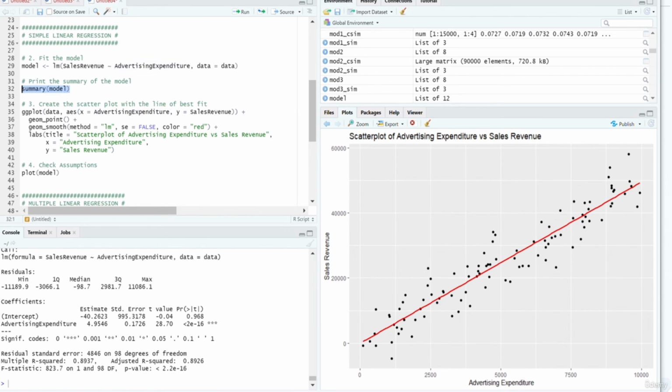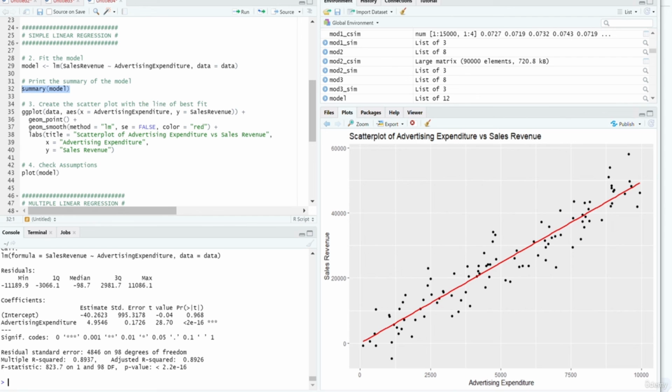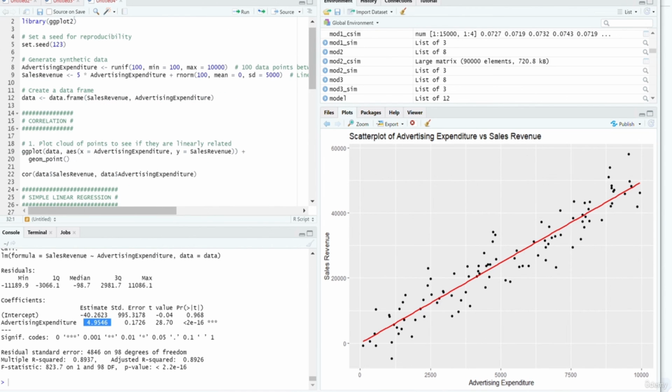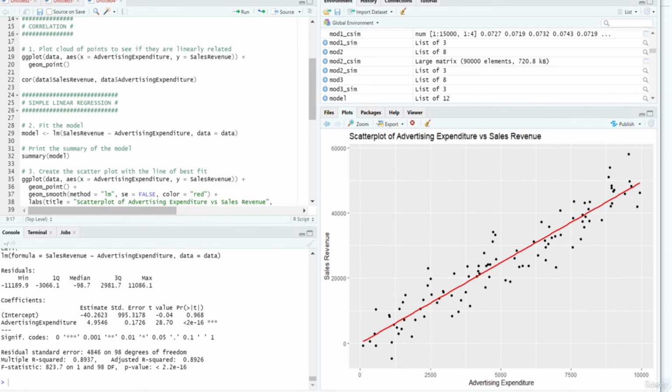It also gives you some statistics about the residuals, the median and the quartiles, etc. But more importantly, we have our coefficients down here. The intercept that we actually learned is -40, and we also learned a coefficient for advertising expenditure that's close to 5. That's really close to the ground truth, because we created this data.